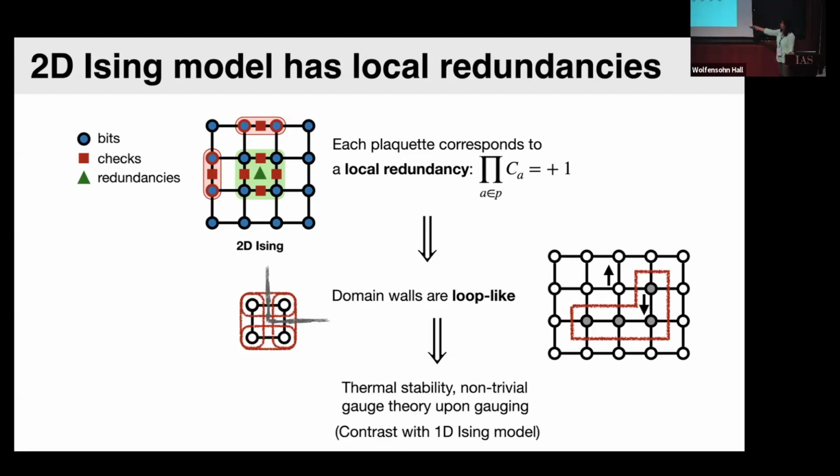And also that when you gauge the 2D Ising model, we know that you get the toric code by gauging the 2D Ising model. You have a non-trivial Z2 gauge theory with a deconfined phase for Z2 gauge theory coupled with matter, and the toric code is 1 point in that phase. And that's coming, again, from the fact that it's these extended degrees of freedom that are going to become the dynamic degrees of freedom in your gauge theory.